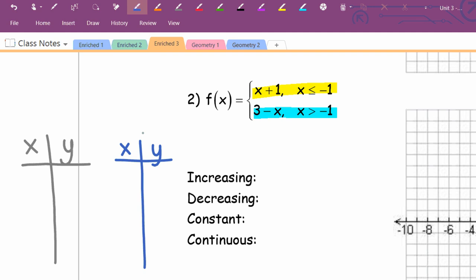So there's a split between these 2. Where does the split happen? I like to call it the transition value. Where does this graph transition from yellow to blue or blue to yellow, depending on how you're interpreting it? What x value does that switch happen at? At -1. So that means I'm going to have to represent -1 in both graphs.